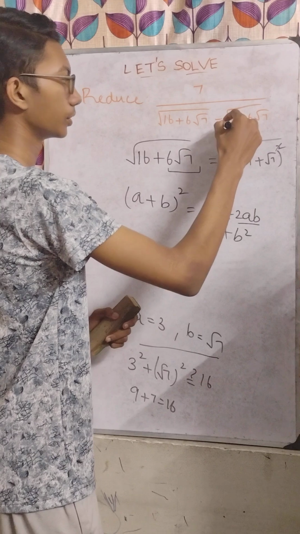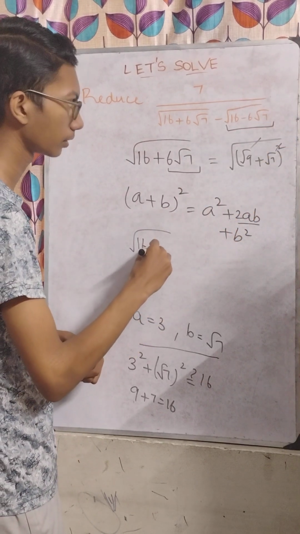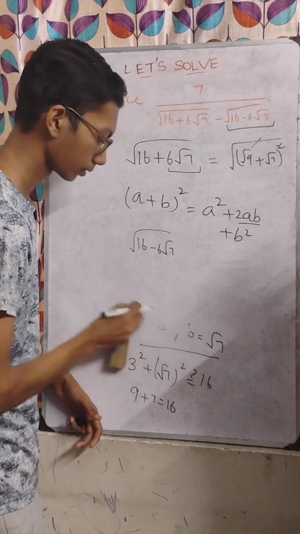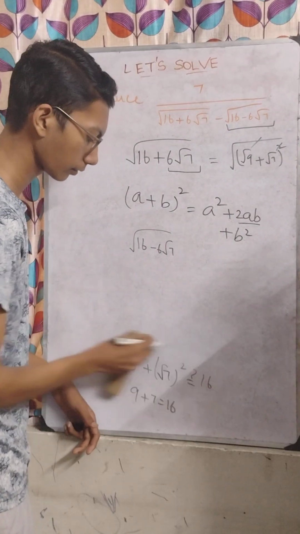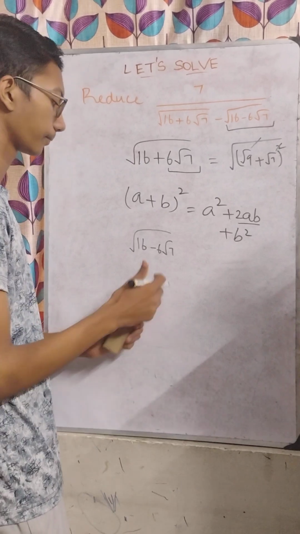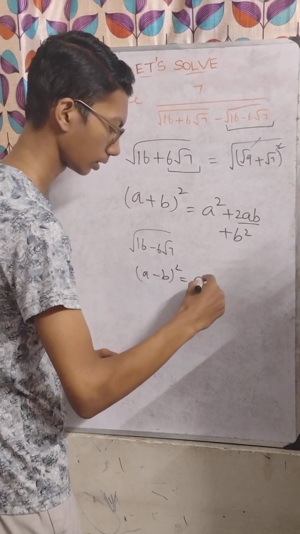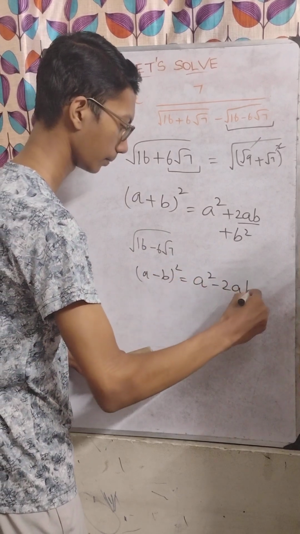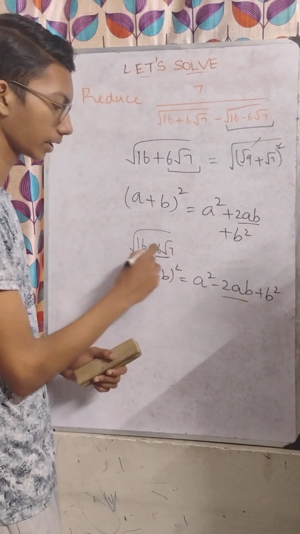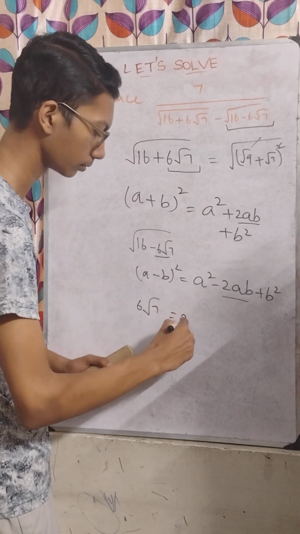But we also have this. So again, doing the same thing, we have root 16 minus 6 root 7. Again we will take the same method, but here we have a minus in between, so we will take a minus b the whole square. So a minus b the whole square equals a square minus 2ab plus b square. Again equating this with this, here we have minus, here we have minus, so we will get the same terms.